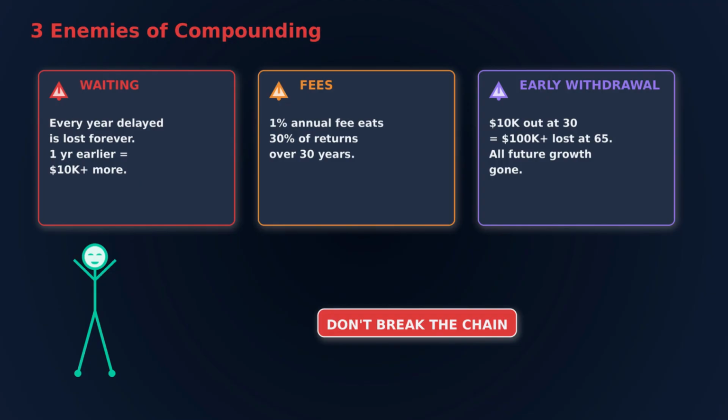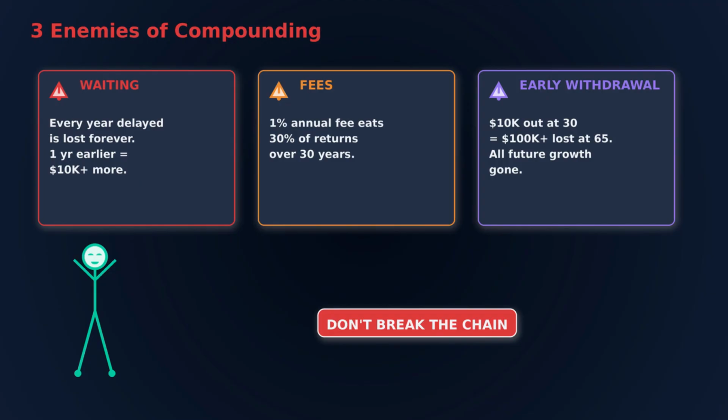Second, fees. A 1% annual fee doesn't sound like much, but over 30 years, it can eat up nearly 30% of your total returns. This is why low-cost index ETFs are so important. A 0.03% fee versus a 1% fee is the difference between hundreds of thousands of dollars over a lifetime.